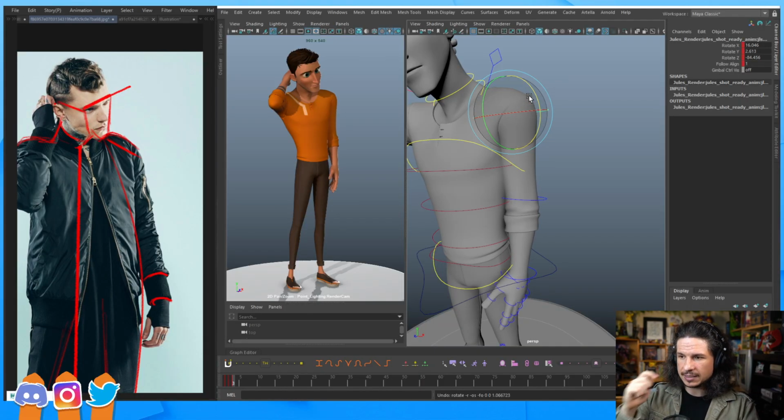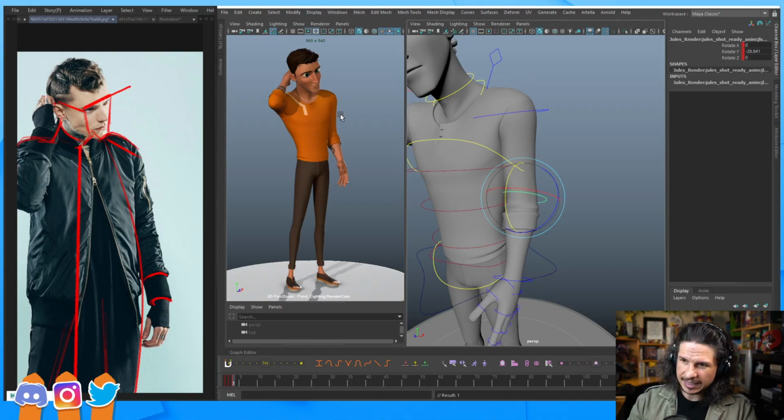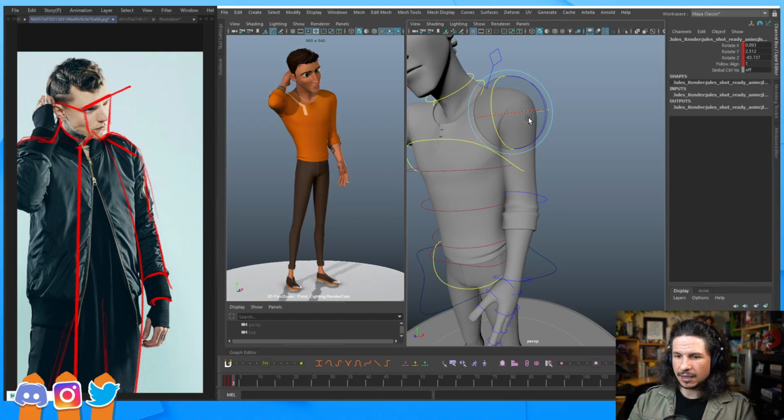So the reason I'm doing this, and let's exaggerate, is if I just bend the arm like this, you can see how I get this really steep bend in the arm. But if we look at our reference, we can see a little bit of a bend here, but it's very slight. It's almost straight. And that's because his arm is curved inwards, like this.